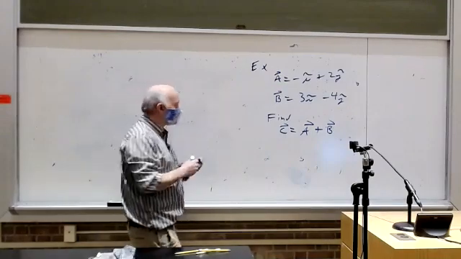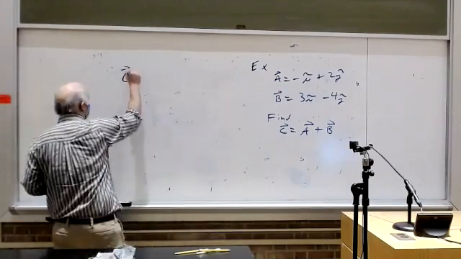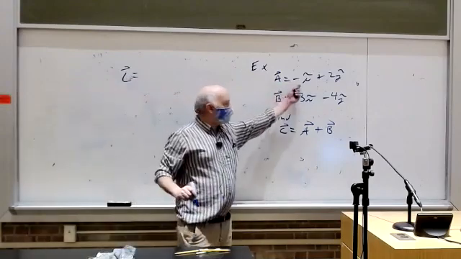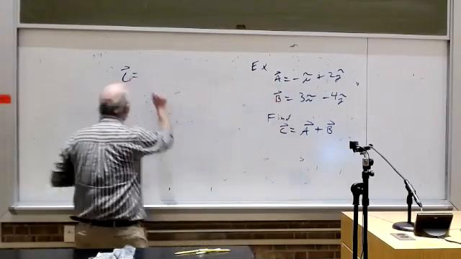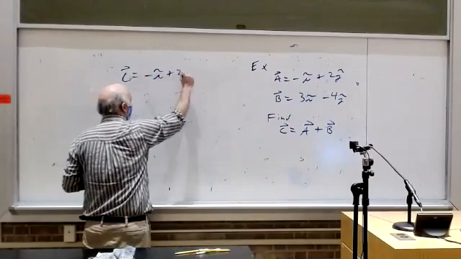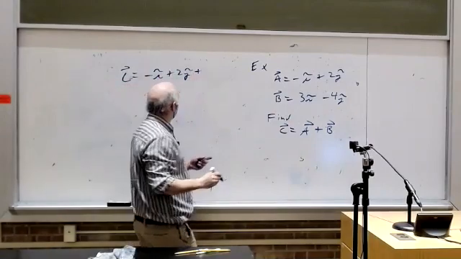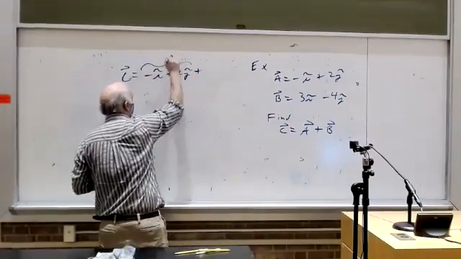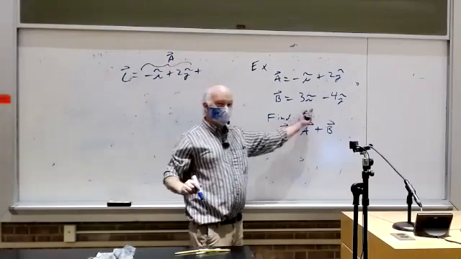Okay. So you have C. Here's my friend A. So I'll put that in here. Here's my friend B.